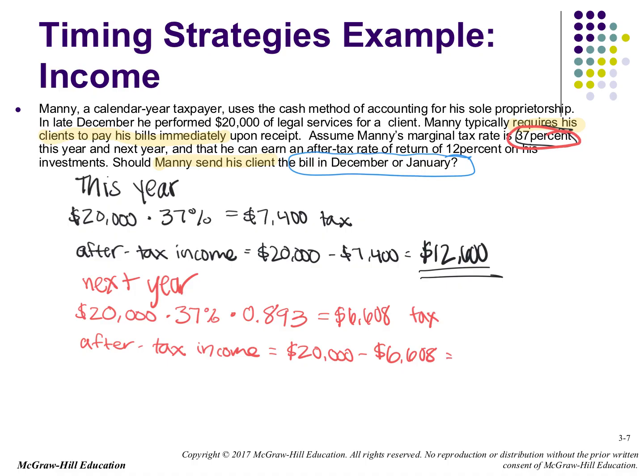And that will get us after-tax income of $13,392.